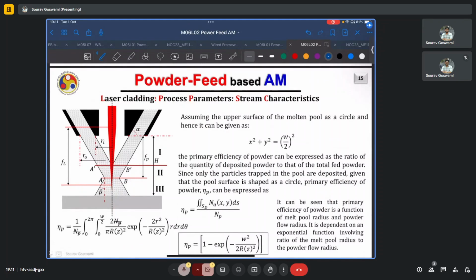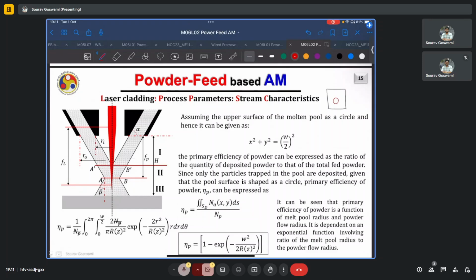Now, as a further simplification, we can assume that the upper surface of the molten pool is a circle. So we are looking from the top on the deposition plane, and the melt pool has an exactly circular shape, which we know is not typically true.